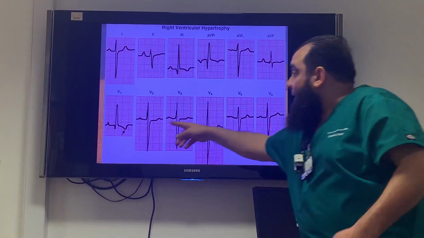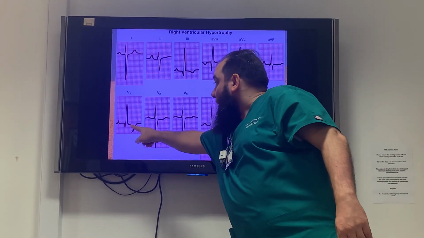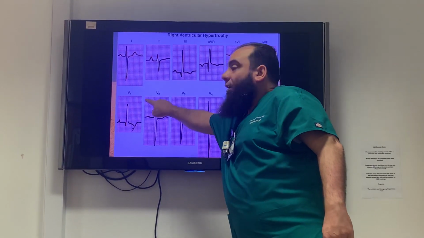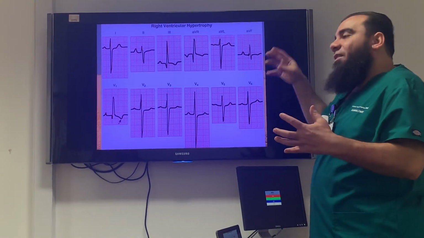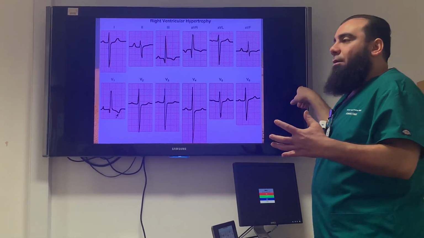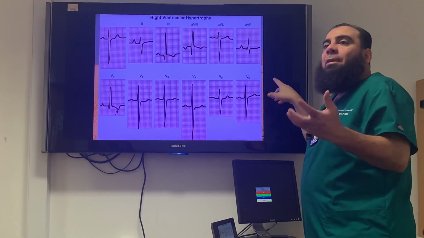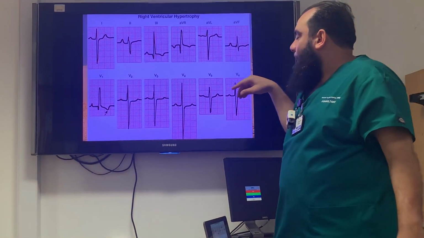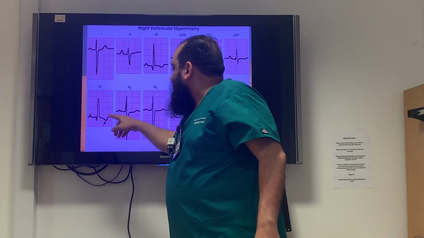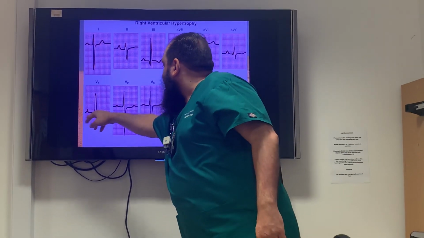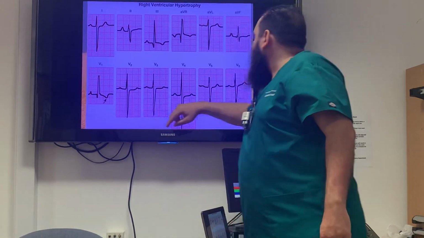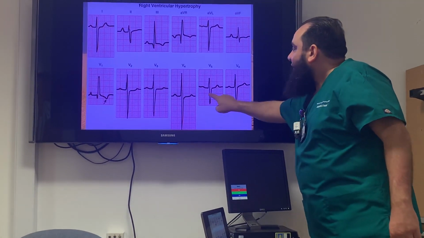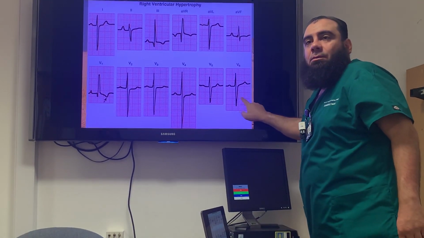It slopes down, as you can see, then acutely comes up. It is the picture of a strain pattern, and this criterion is valid for the left side too. So in V1, V2, I can expect a more tall R wave, and in V5 and V6, S waves. Okay?